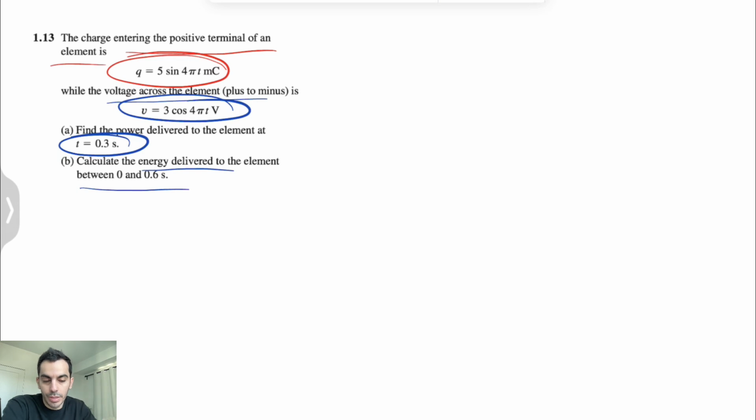So first of all, we need to know the relationship between the power, charge, current, and the voltage. We solved a couple of questions in the previous videos, so we know that our current, or I, is equal to the derivative of charge over time.